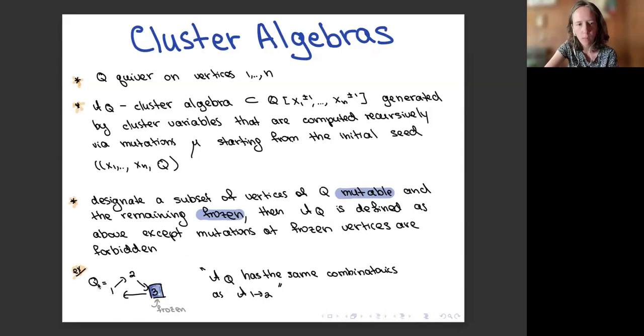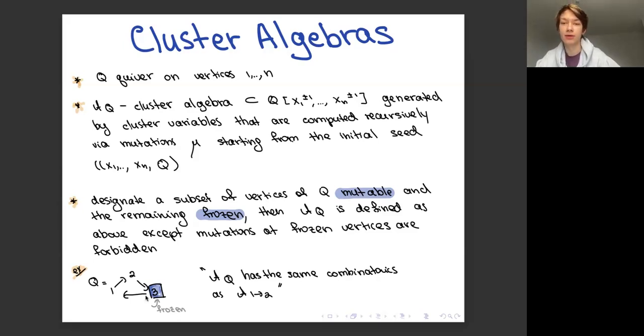So it's the same as looking at the smaller quiver on vertices 1 and 2. The idea behind frozen vertices is they carry some further information. In particular, it will be important for the case of Grassmannians because they have some other meaning. That's why they're here.